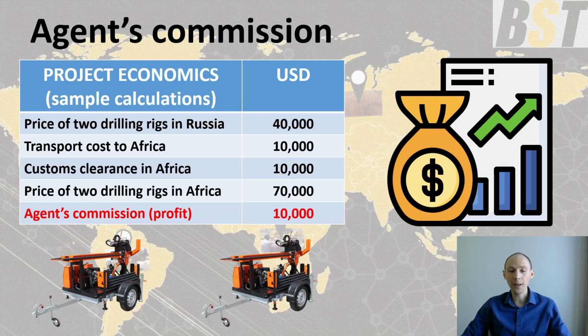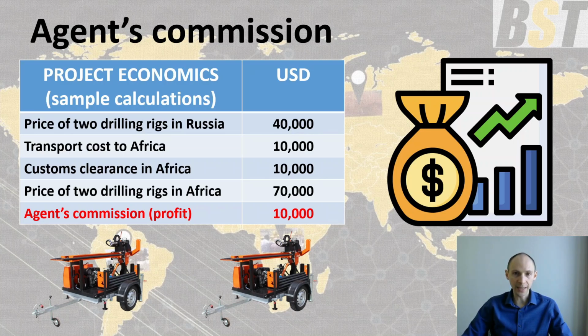I would like to point out that delivery of these 2 drilling rigs in a 20-feet container will be only the first stage, because we are going to have several stages in the future. So at this first stage, you sell these 2 drilling rigs, which will be delivered in a 20-feet container.